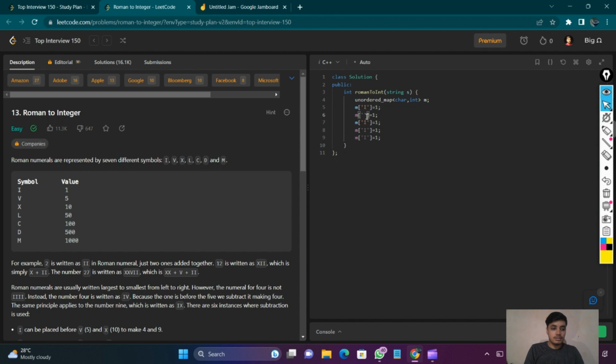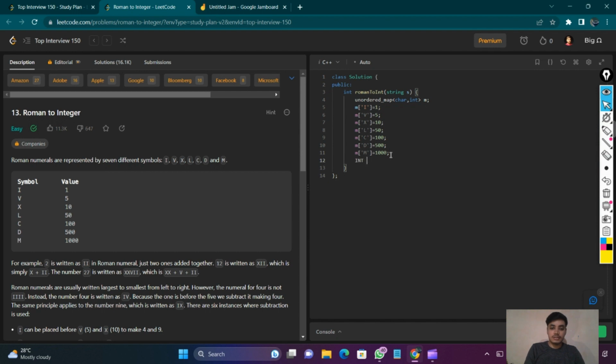Next is v, next is x, next is l, next is c, next is d, and the final one is m. The values are 1, next is 5, next is 10, next is 50, next is 100, next is 500, and the last one is 1000. So now we have already saved the values in our data structure.